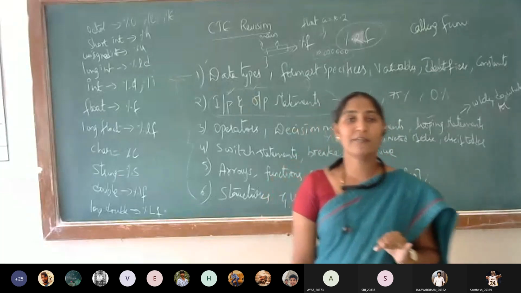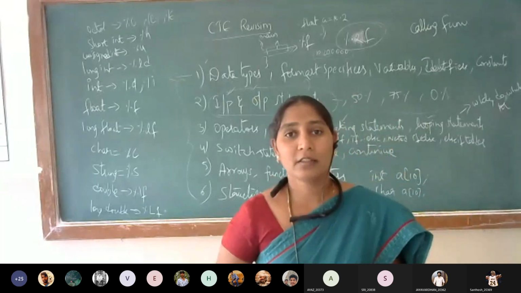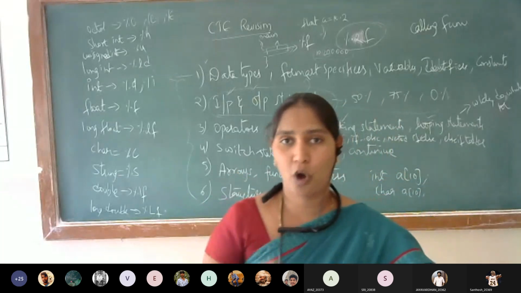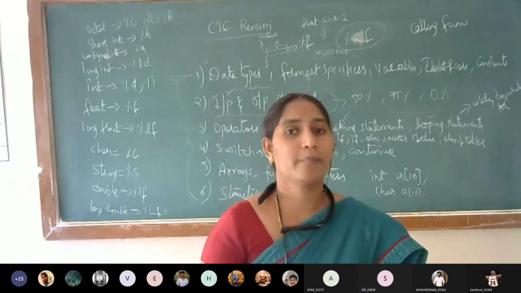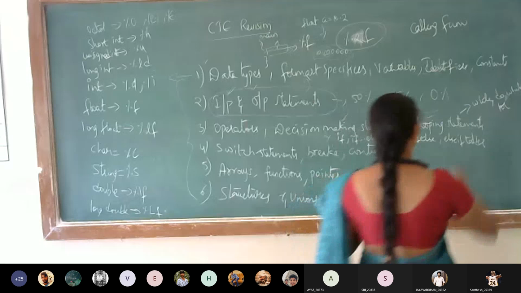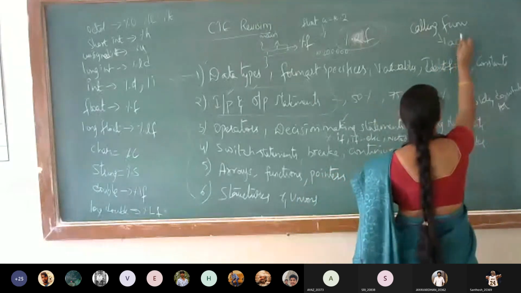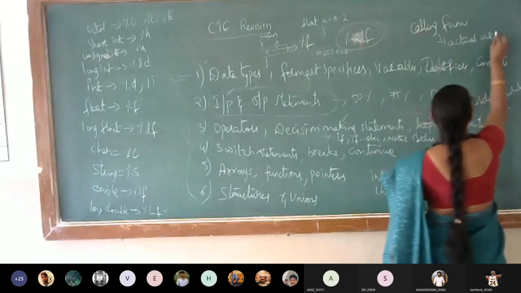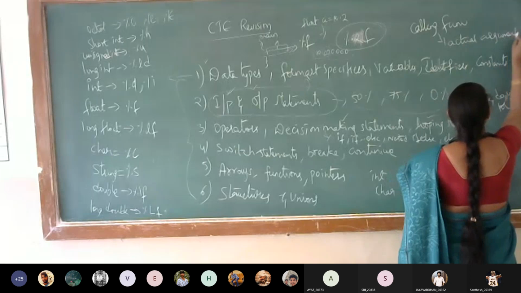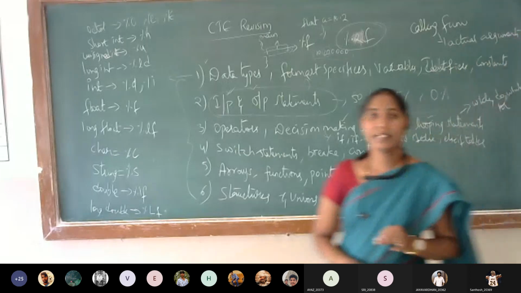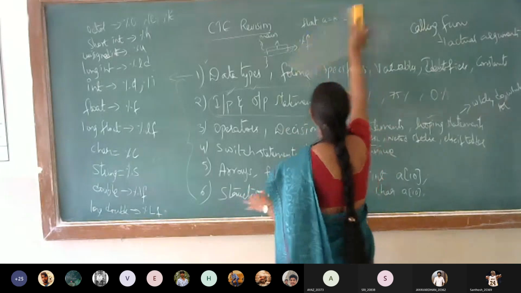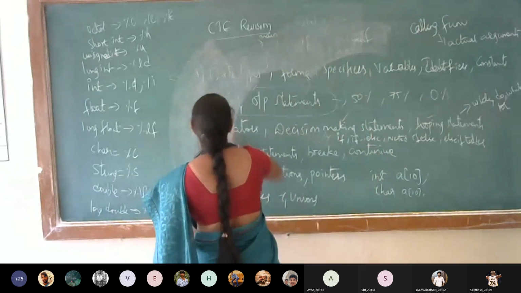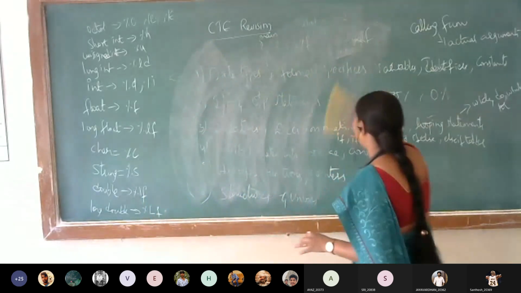Once this function is called, we specify it as a calling function. The arguments present in the calling function are said to be actual arguments or actual parameters.